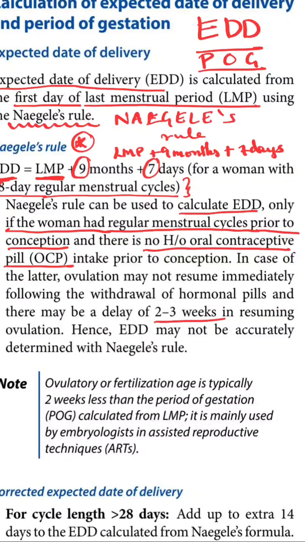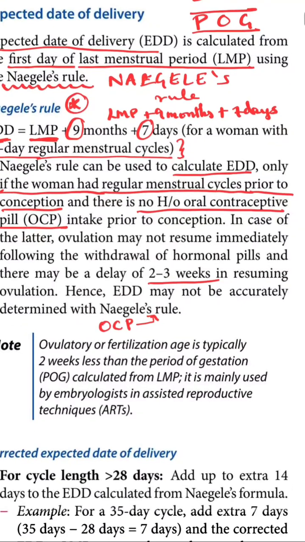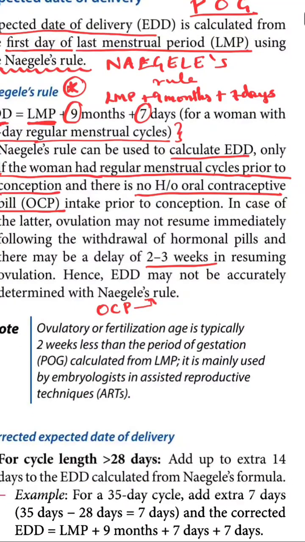It applies if the woman had regular menstrual cycles prior to conception, and for women taking oral contraceptive pills, this formula is not applicable. Just remember, there will be a 2 to 3 weeks delay for women who are taking OCPs.